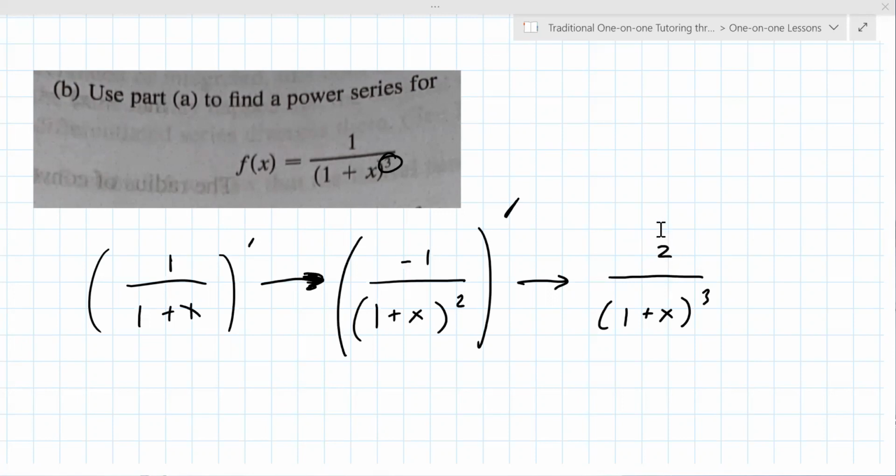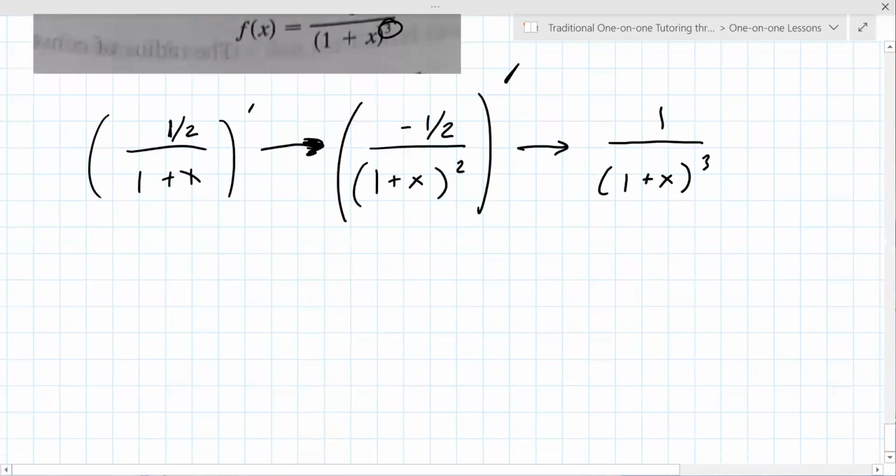We really should have started with 1/2 here, and that would have been -1/2, and then it would have gotten us to 1. That's really important because you got to know what you're starting with. Do you see the progression? This is f of x, this is f prime of x, this is f double prime of x.